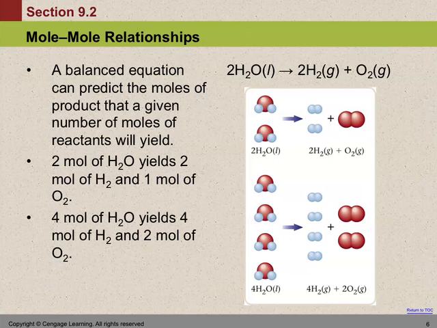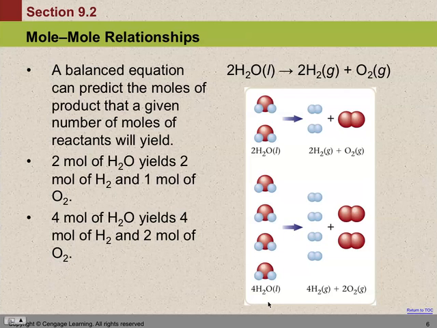Have a look at the picture here. So pictorially you can see two water molecules on the left-hand side reacting to give two molecules of hydrogen gas, here and here, and one molecule of oxygen.